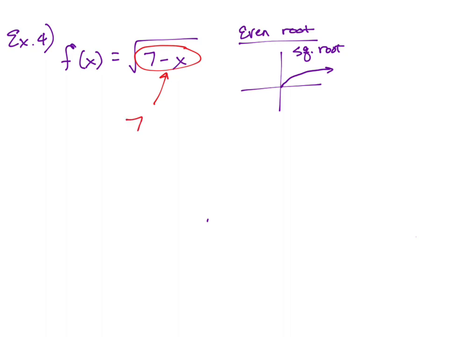So I set it up as being greater than or equal to what number? What makes it positive? 7 minus x has got to be greater than or equal to 0. That value, that number underneath the radical sign, has got to be greater than or equal to 0.